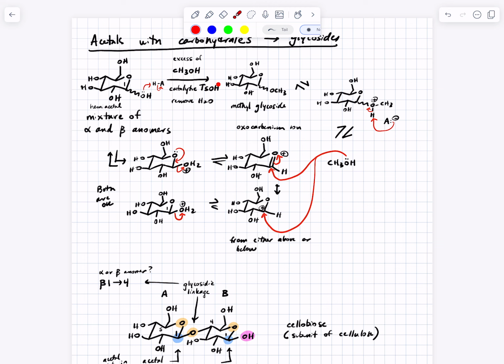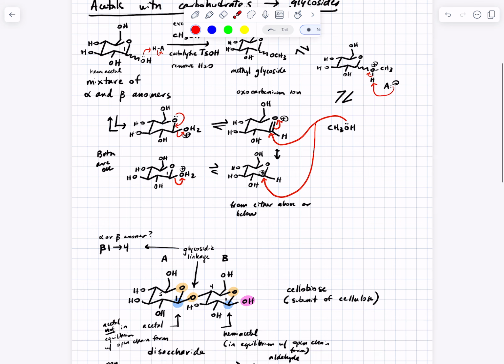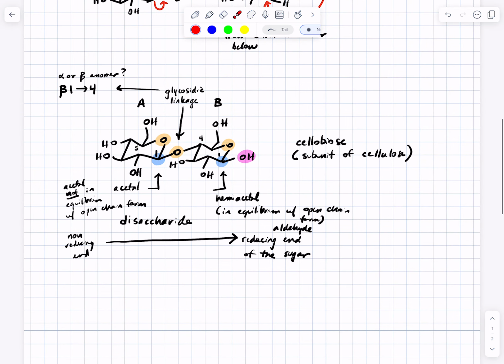There was only one OH group to choose to make the hemiacetal, to make the acetal, the methyl glycoside. But with this cellobiose molecule that I've shown you, we would have gotten this from 2 independent glucose molecules. So let's make them both beta.